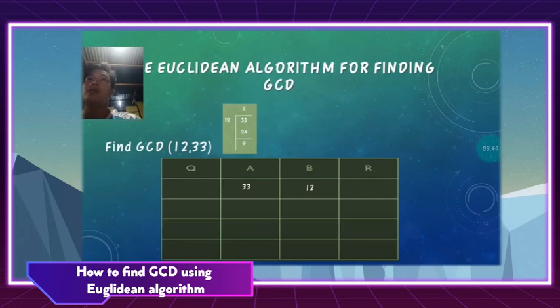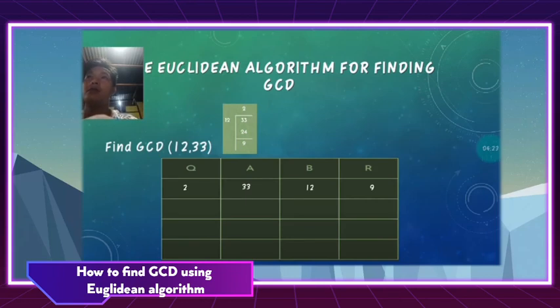So the quotient is 2 and the remainder is 9. Is B 0 here? No, there is no 0, so we have to repeat the operation.